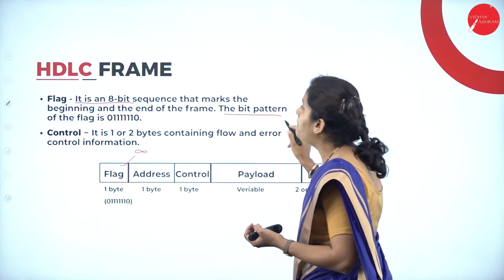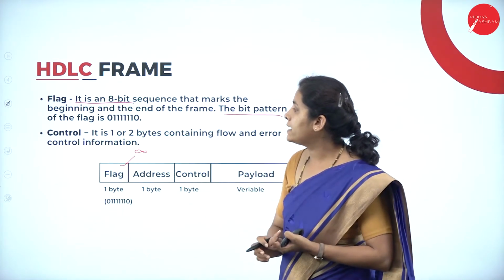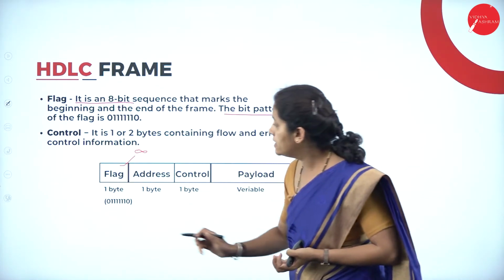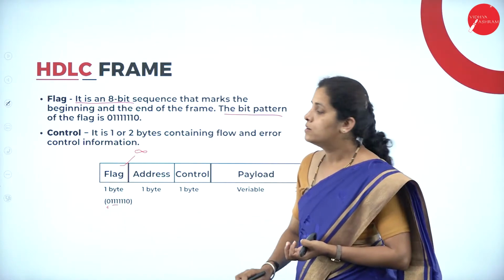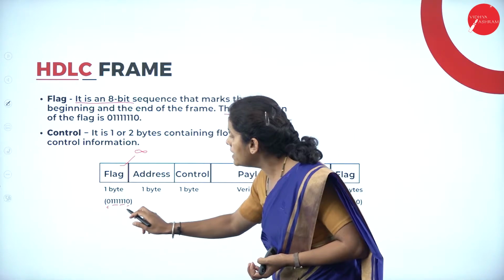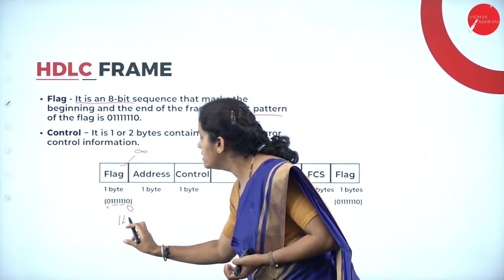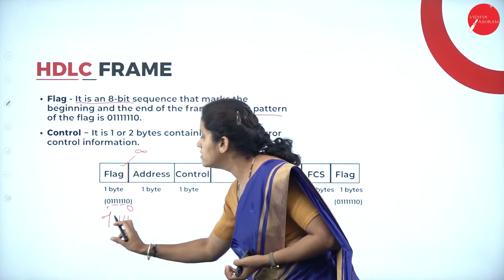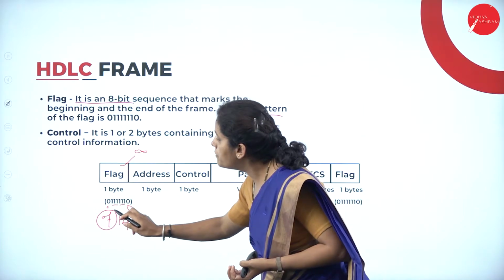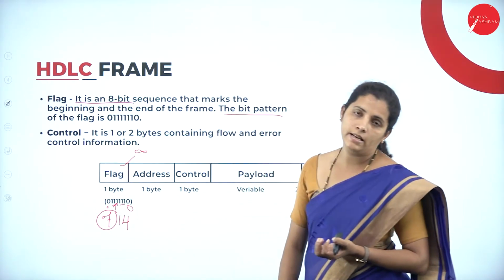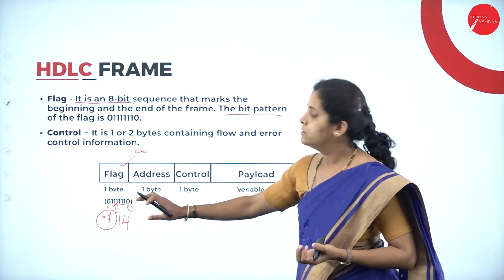So the bit pattern for the flag is 0 1 1 1 1 1 1 0. That means the decimal number for this binary number is 7E in hexadecimal.